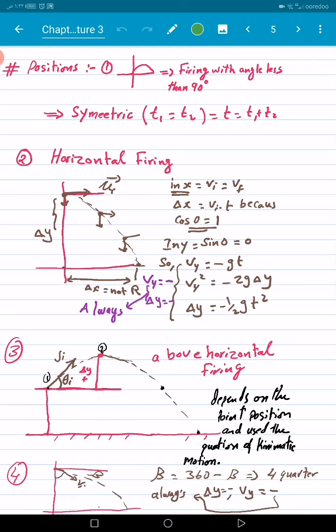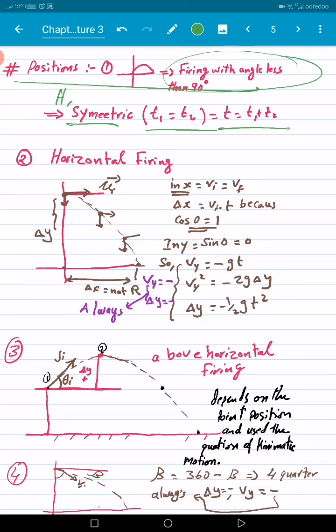Now today we start the third and last lecture in this part. When I fire from the origin, it is symmetric, so t1 is equal to t2, so the total time is equal to 2t. The other things we mention are the maximum height, then the range, and also the total time, 2t.